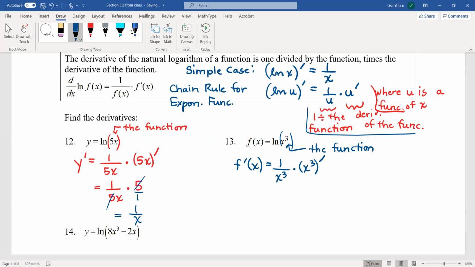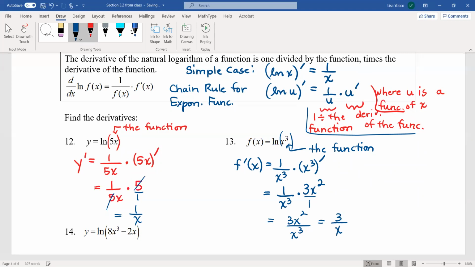Okay? So 1 divided by x cubed, the derivative of x cubed is 3x squared. Then you can think of that over 1. So this becomes 3x squared divided by x cubed.